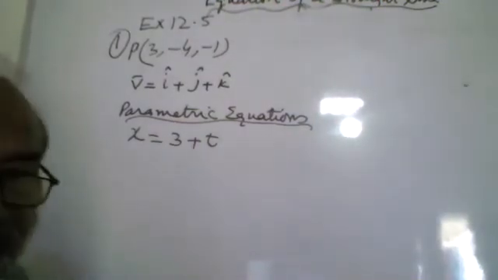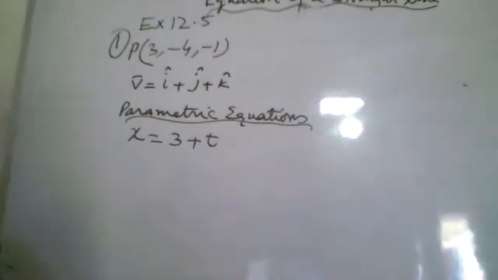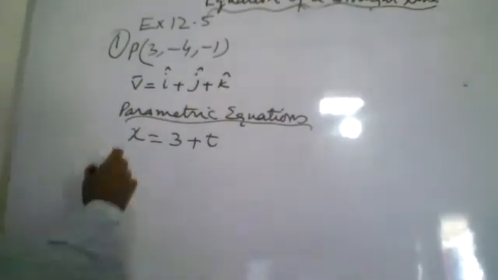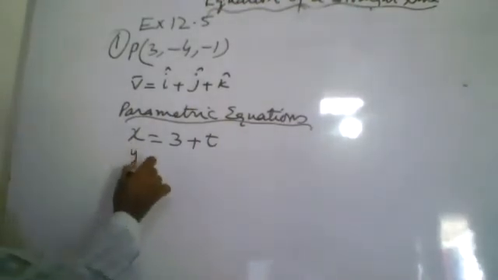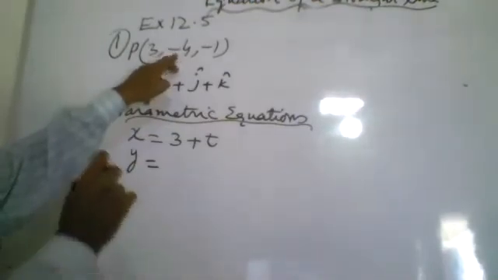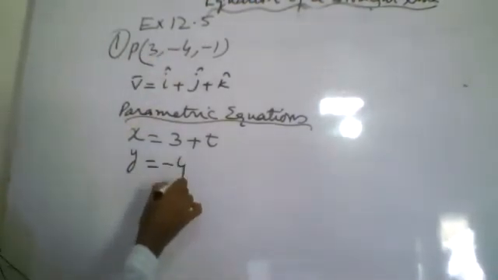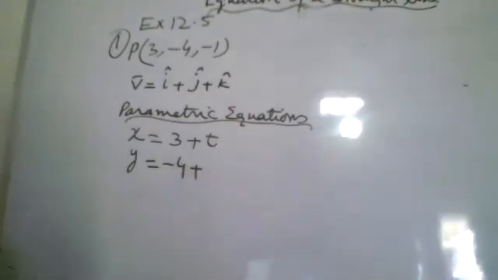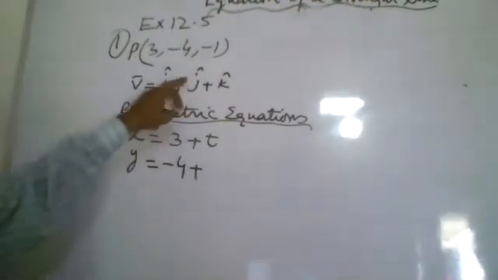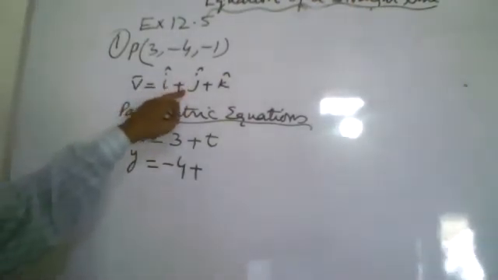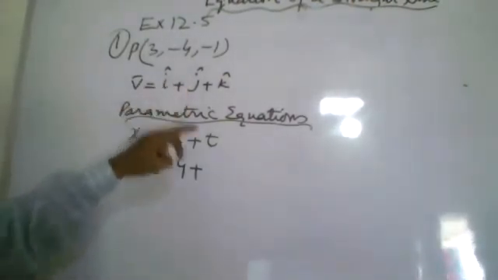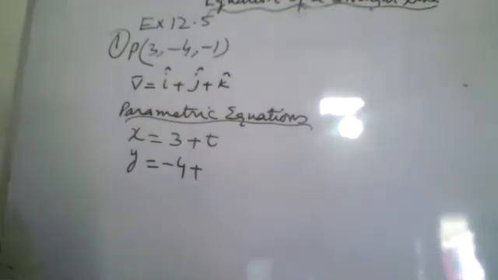In the same way, y will be equal to the y component of the point, minus 4, plus the j component of the vector. The j component is 1, this is 1j, so 1 into t. bt means 1 into t.